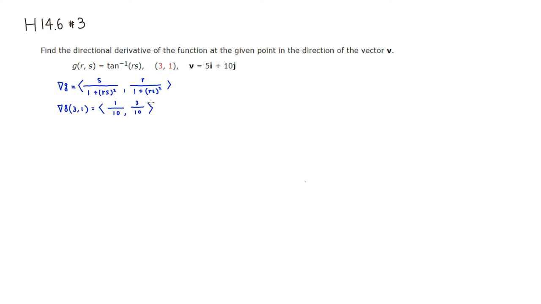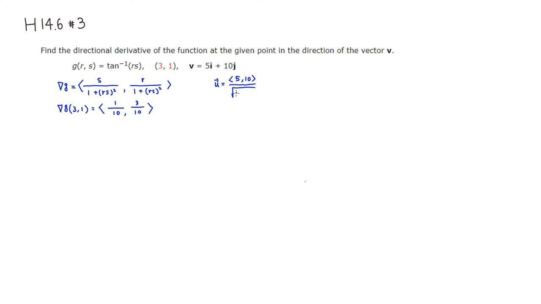Then we need to find the unit direction vector u. So v is (5, 10), and we just have to divide by its length. That's the length here.